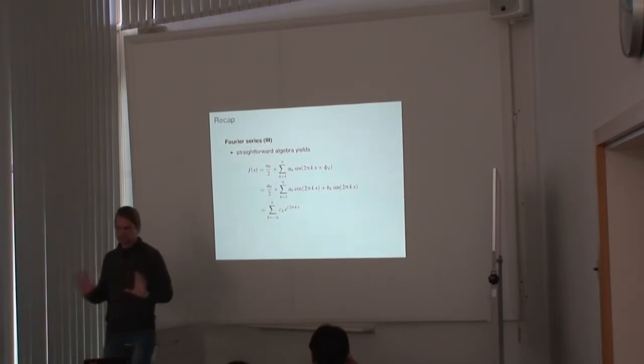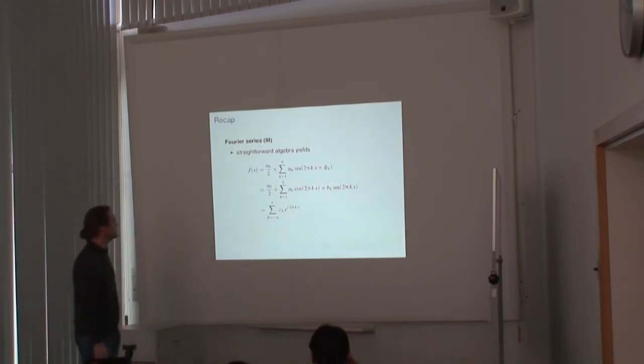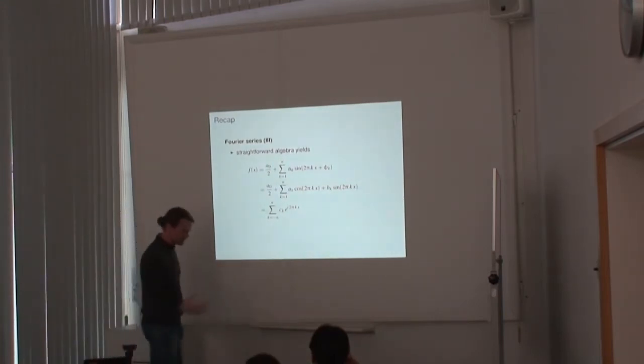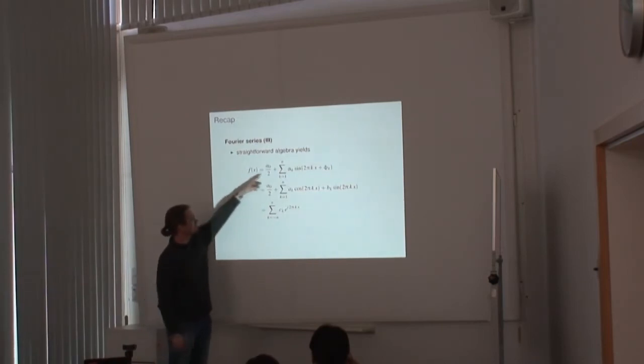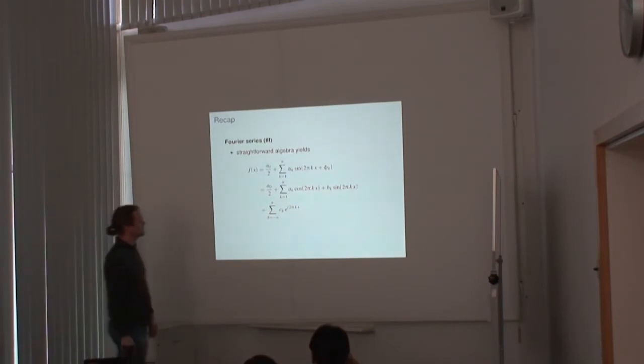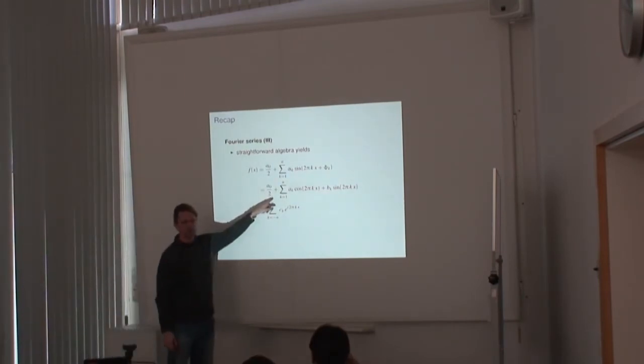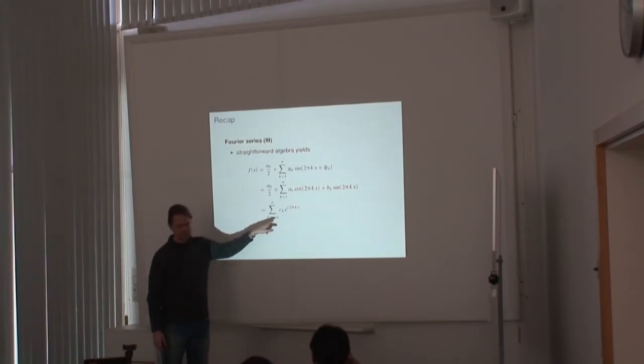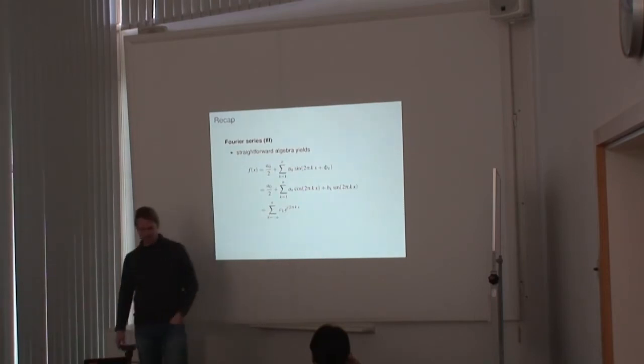But this is just straightforward algebra, and it is a perfectly valid representation of this idea. The strange thing is that whereas up until this point all the ingredients were real numbers, now all of a sudden we are dealing with complex numbers. These numbers ck are complex valued, and this is a complex valued function.